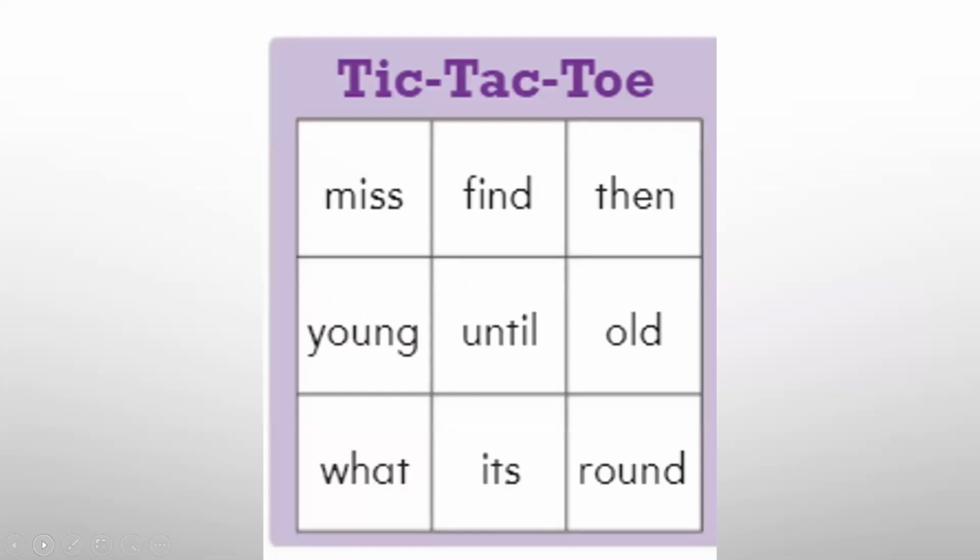And when you get tic-tac-toe, 3 in a row, and 3 can be up and down, 3 can be right to left, and 3 can be diagonal. When you get 3 of your high frequency words in a row, then you have won. So go ahead and get your papers out and make your board, and then the teachers will call out the words. And as I said, teachers, if you want to do this during small group, that would be fine.